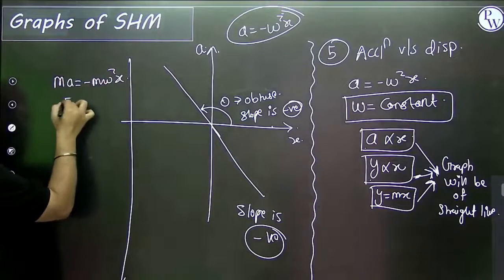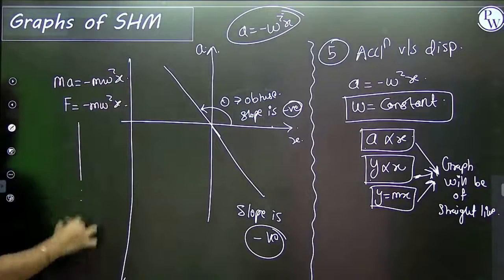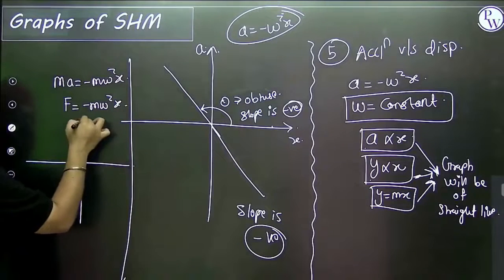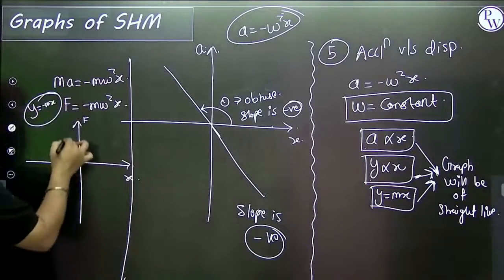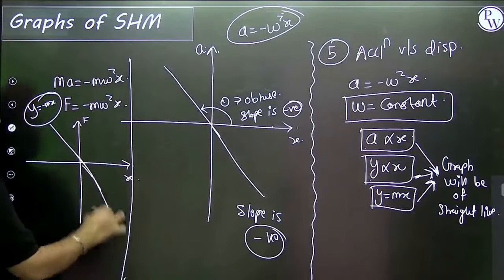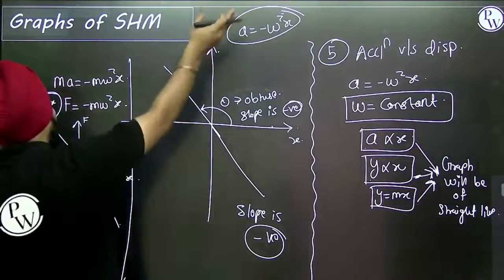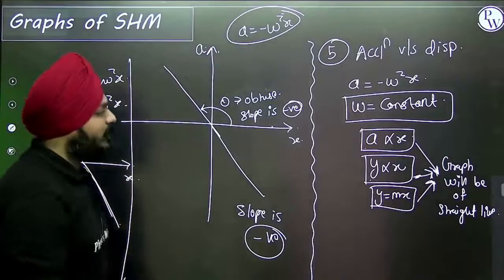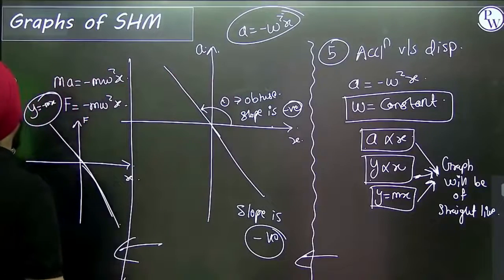So force is equal to minus m omega square x. So the force versus displacement graph is also the same. It is following the y is equal to negative mx condition, so the graph is like this way. Here the slope is m omega square. There is only one difference. So these are the different graphs of the SHM.